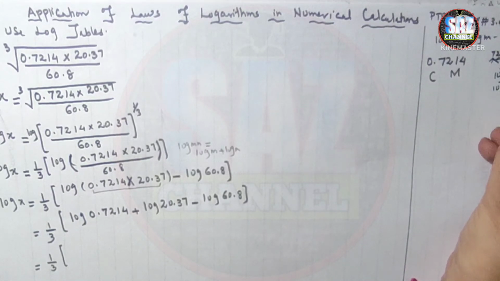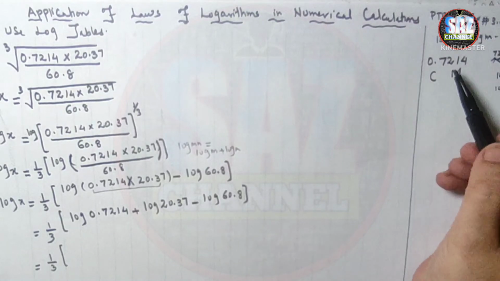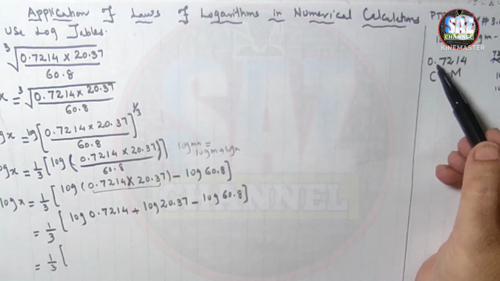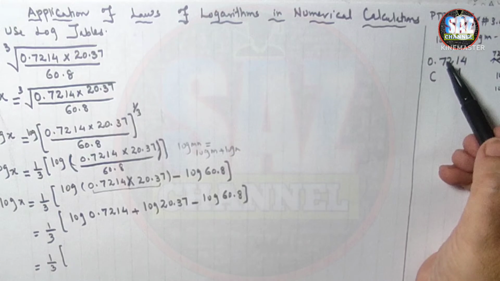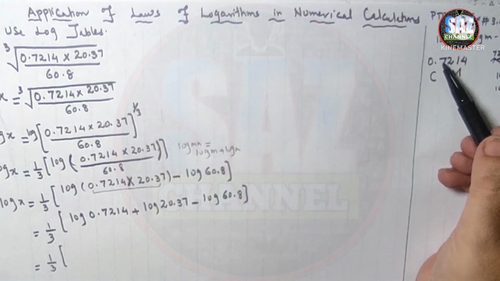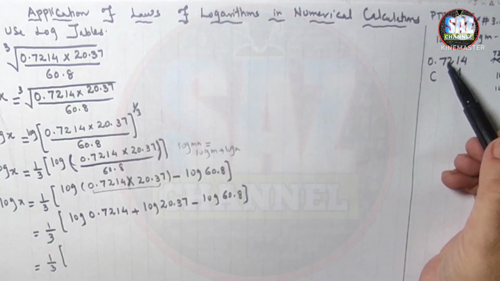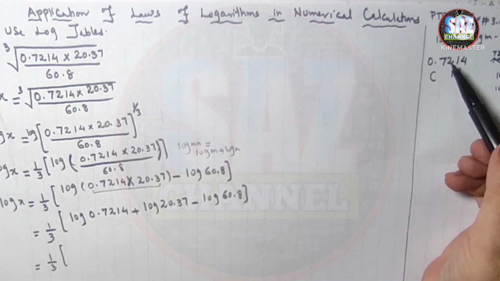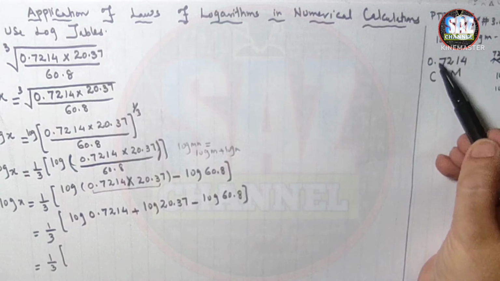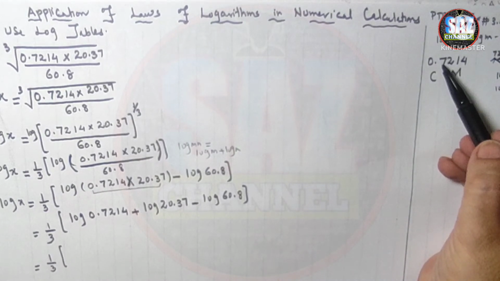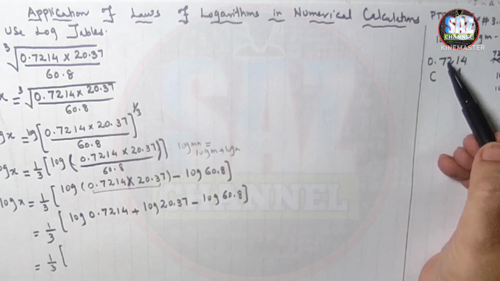Or another thing, we know that this number is less than 1. So the characteristic of this number will always be negative. This is the rule that we have learned: the characteristic of the logarithm of the number which is less than 1 is always negative, and 1 more than the number of zeros immediately after the decimal point of the number.